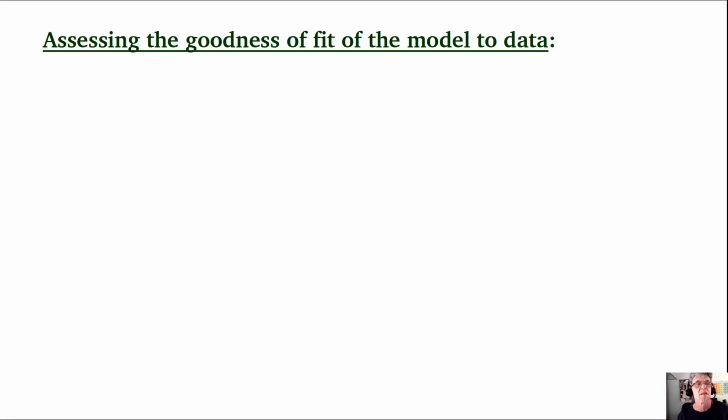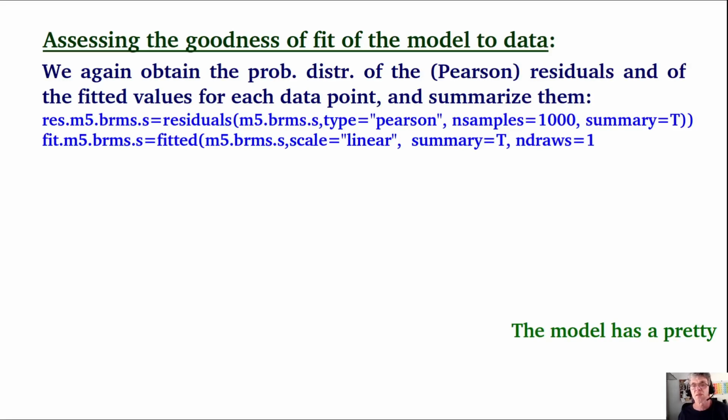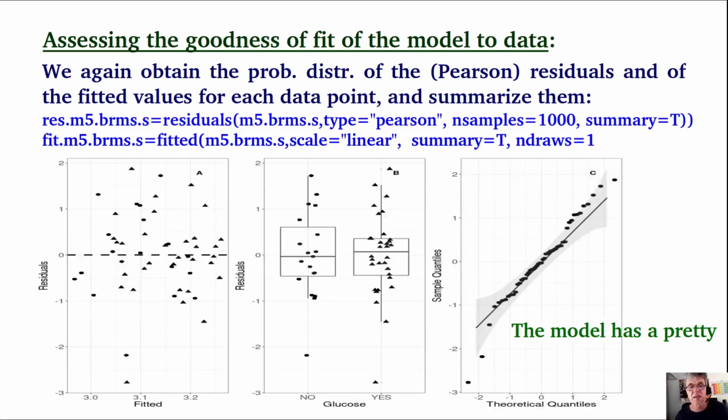So we assess the goodness of fit of the data using the Pearson residuals as usual, and we see essentially that when plotting the residuals against the fitted values, forget these two points. We have a random scatter here for the overwhelming majority but two of the points, and the scatter is nearly the same in the positive and negative sides of the residuals.